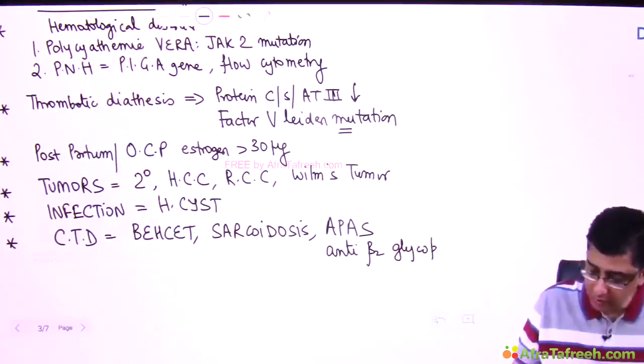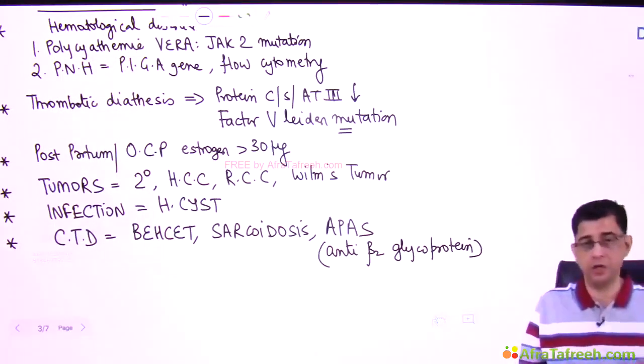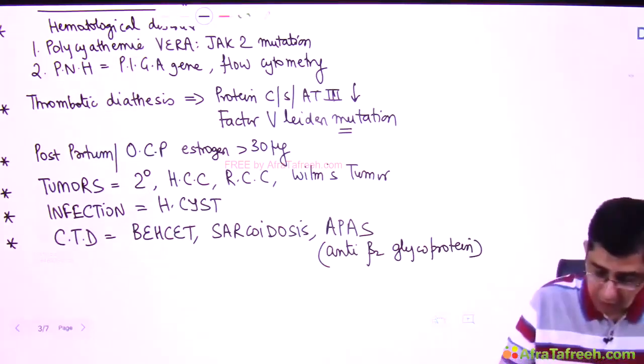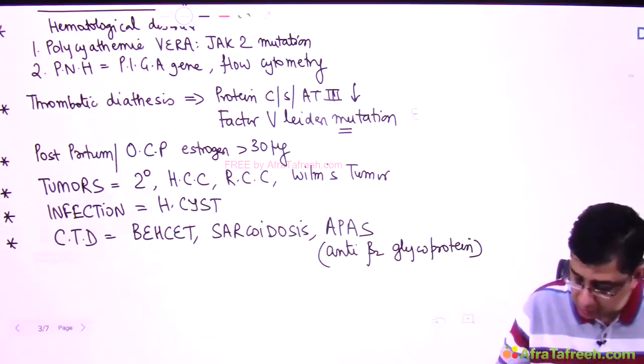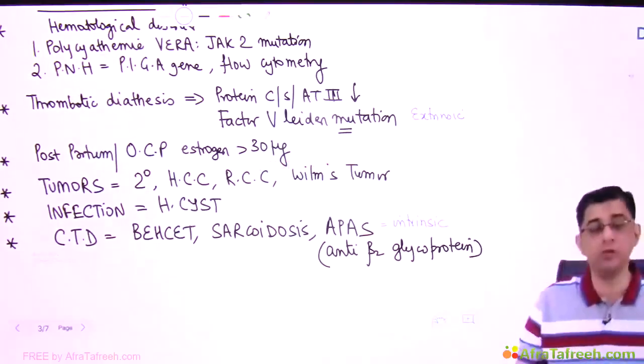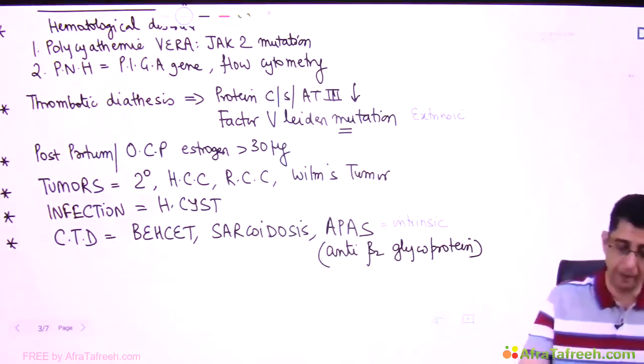What it does is activate the intrinsic system of clotting, and the activated intrinsic system will cause clot formation. Remember, in factor V Leiden mutation, I had said it is the extrinsic system of clotting that is activated. In antiphospholipid antibody syndrome, the antibody causes the intrinsic system of clotting to go into automatic mode, and therefore clot formation will occur.